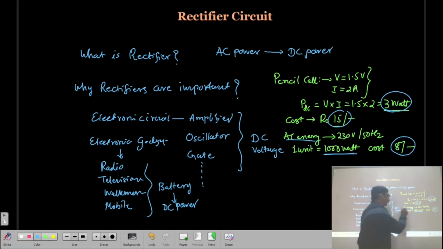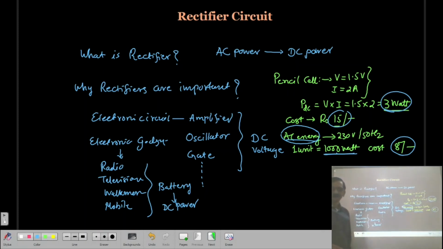Why? The AC energy is easily available, and cost-wise it is very less. So we have to use AC energy to operate the electronic gadgets. Now electronic gadgets operate on DC power, and that's why we are converting AC energy into DC energy.